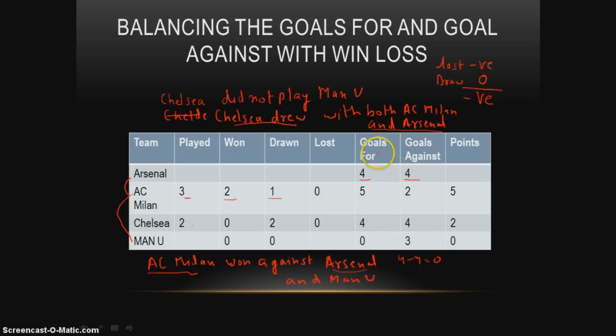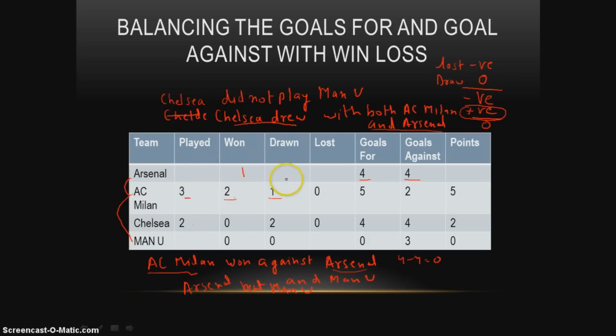So, since the goal difference for Arsenal is not negative, that means there must have been some positive goal difference to balance out this negative. And that positive goal difference must have come from its third match, which was against Man U. So since the goal difference for the Arsenal versus Man U match is positive, we can say that Arsenal beat Man U. Hence, now we have the result of all 3 matches for Arsenal.